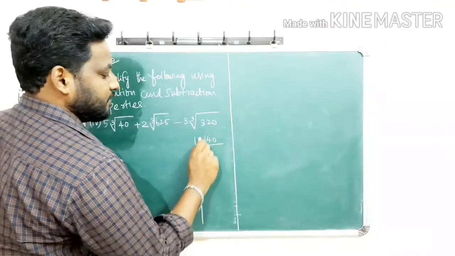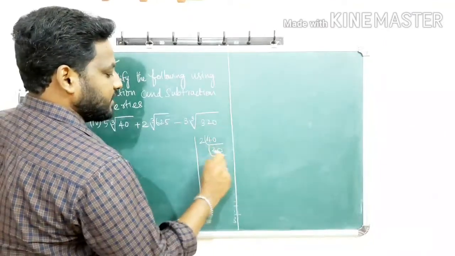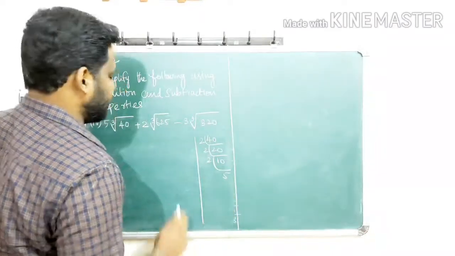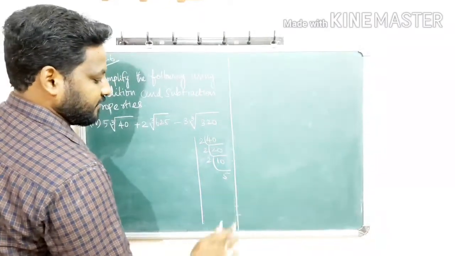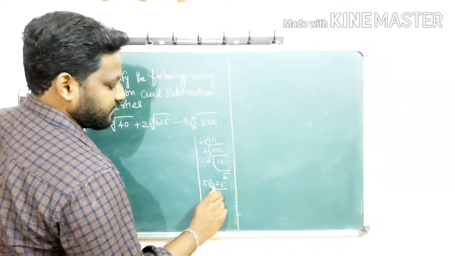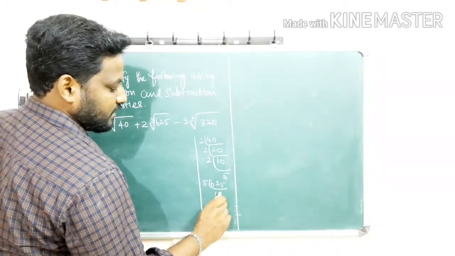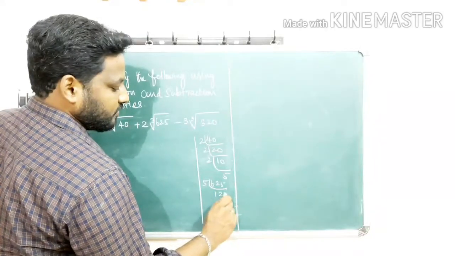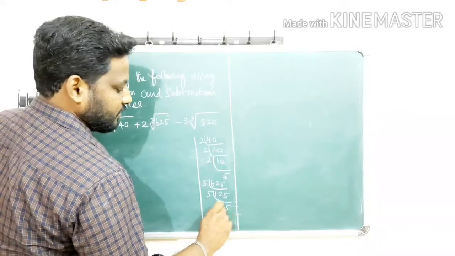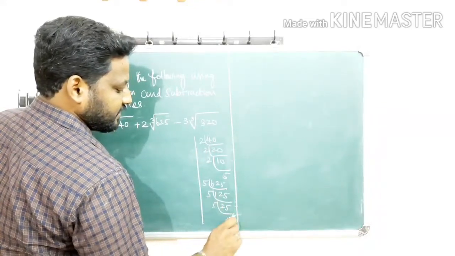L division same: 2, 20, again 2, 10, and again 2, 5. The next number is 625. 5, 1 5s are 5, remaining 1, 12, 2 5s are 10, remaining 2, 5 5s are 25, and again 5, 5 5s are 25, then again 5, 5 5s are 25.